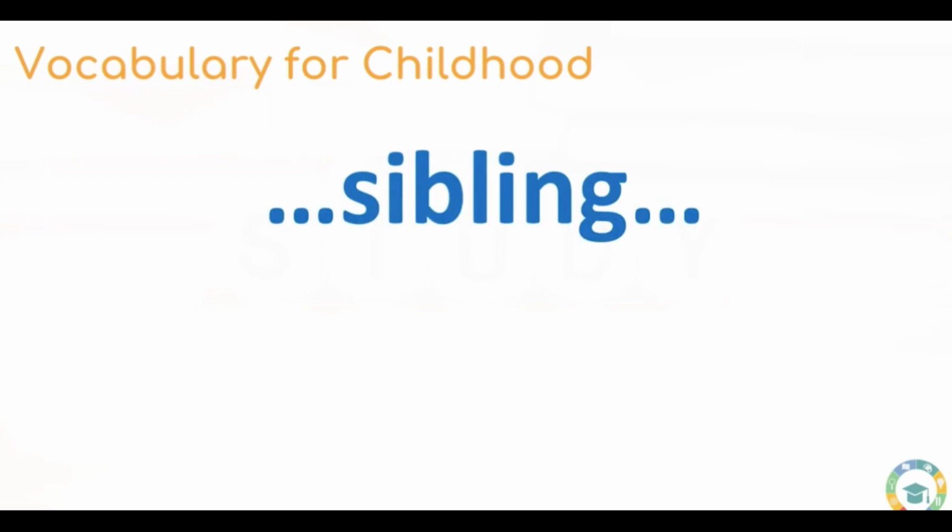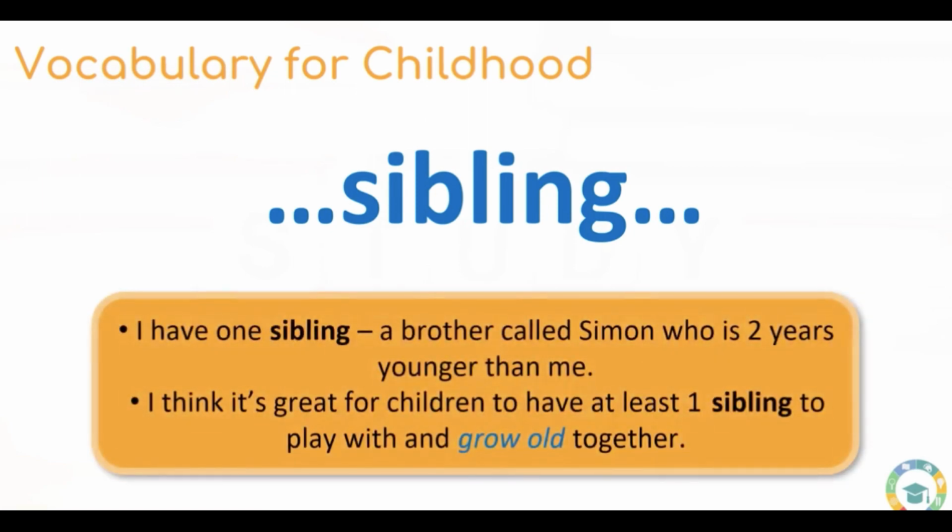And we have sibling, a really great word to discuss or describe whether you have a brother or a sister, a sibling. I have one sibling, a brother called Simon, who is 2 years younger than me. I think it's great for children to have at least one sibling to play with and grow old together.